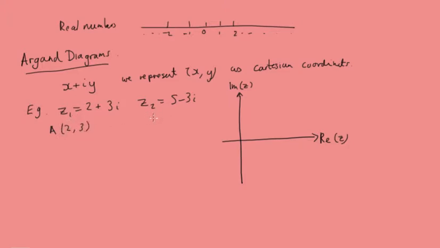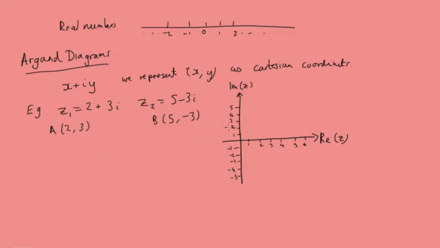And for z2 we're going to have point B, which is going to be (5, -3).